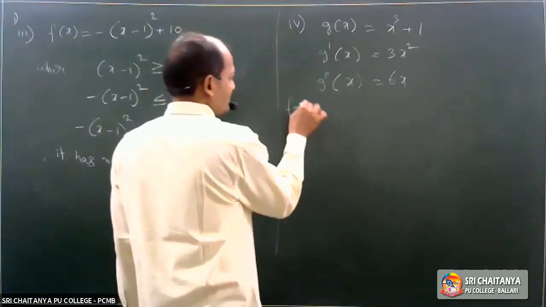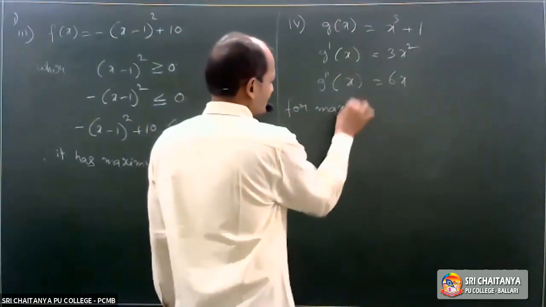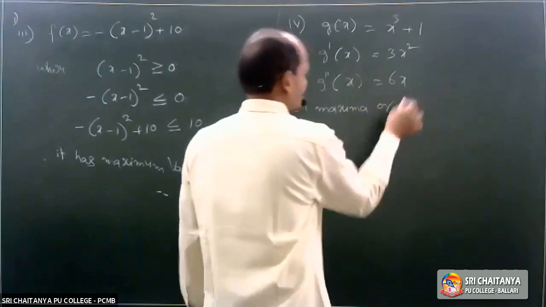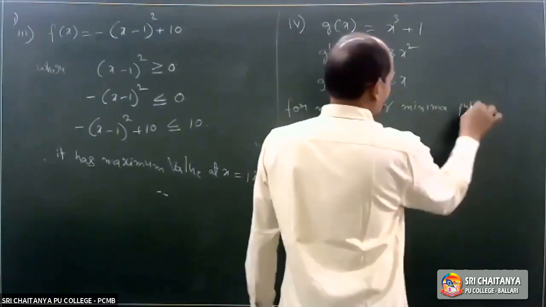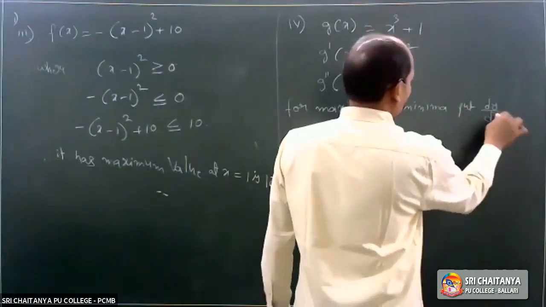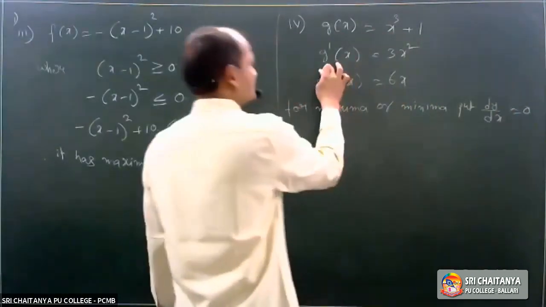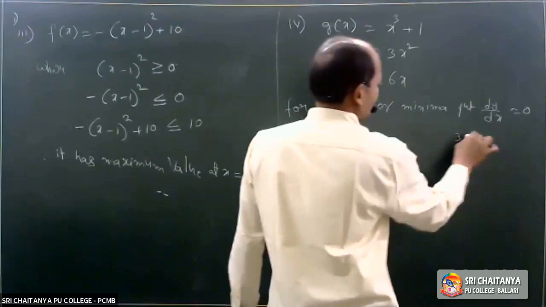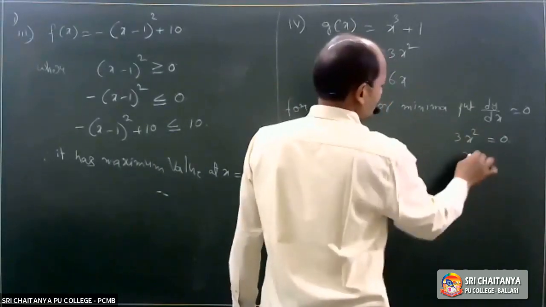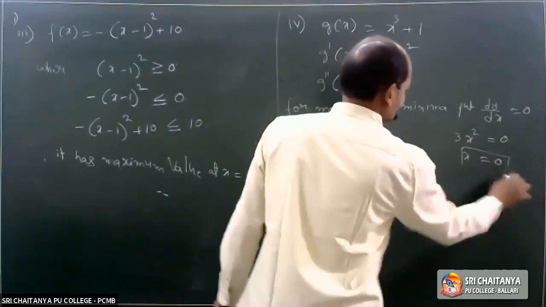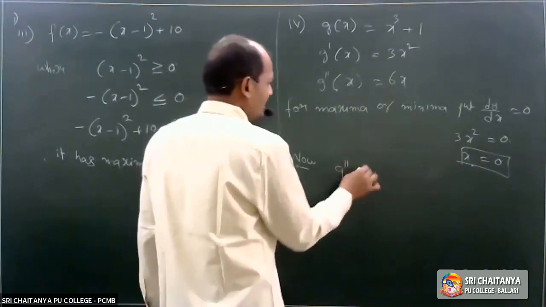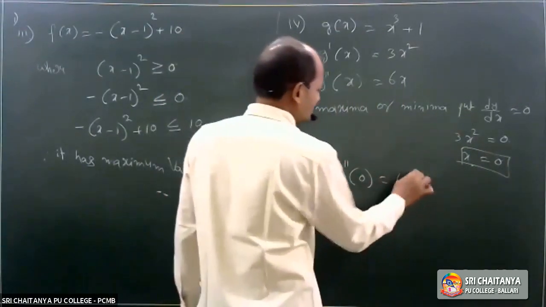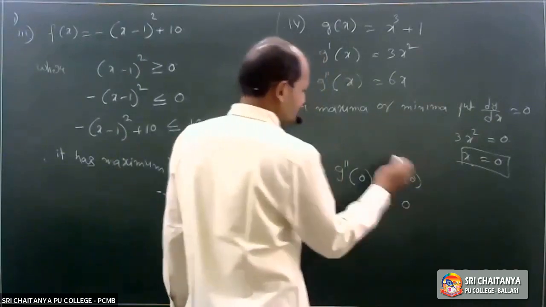For maximum or minimum, put dy by dx, or f dash of x, equal to 0. That is 3x square equal to 0. x is equal to 0. Now g double dash of 0 is equal to 6 into 0, which is 0.